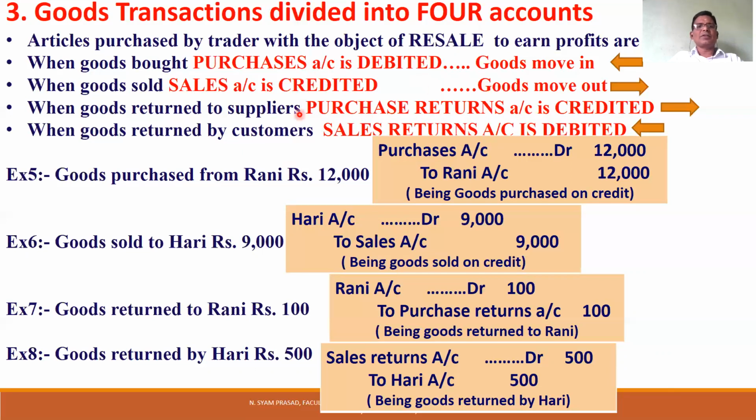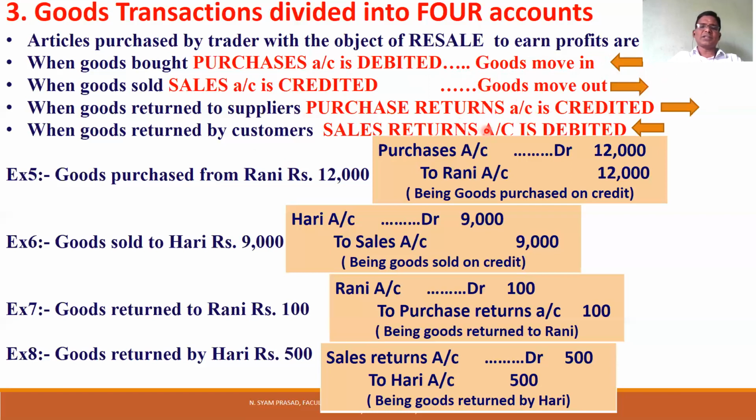So the goods account is of four types. You have to see: when goods are purchased, goods are coming in, so the purchase account is debited. When goods are sold by us, goods are going out, so the sales account is credited. When goods are returned by us to suppliers because they are defective, goods are going out, so the purchase returns account is credited.